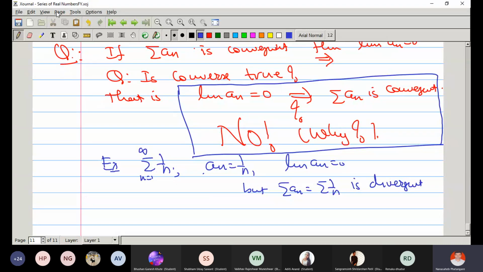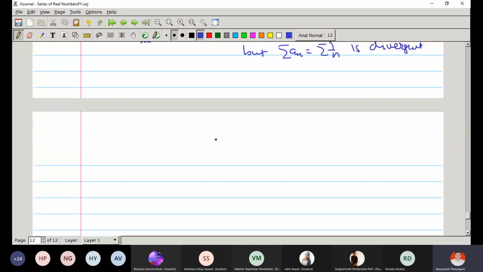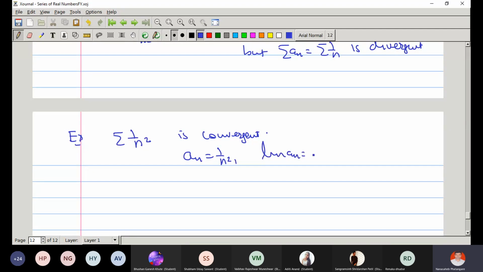For example, yesterday we discussed this example, 1 by n square. Is it convergent? We have proved that it is convergent. And what is an? 1 by n square. What is the limit of an? 0. In this case the limit is 0 and the series is convergent, but the general statement is not universally true.